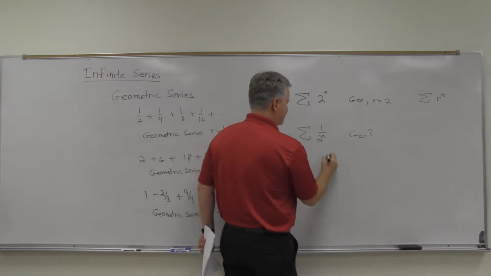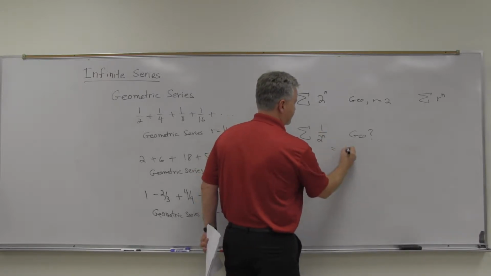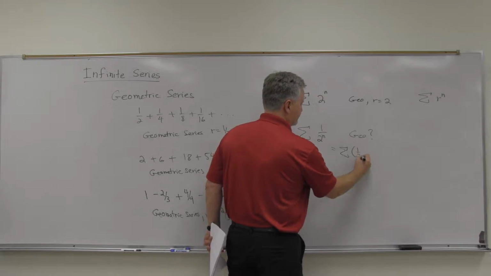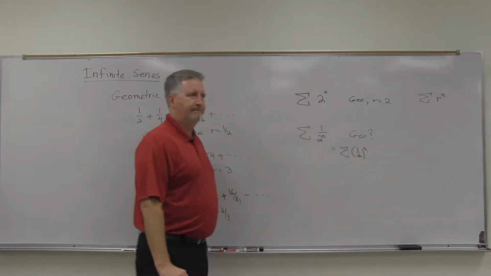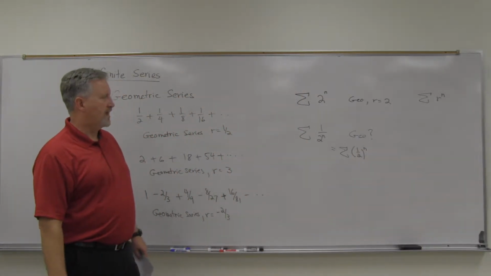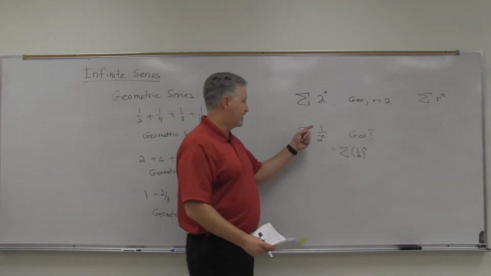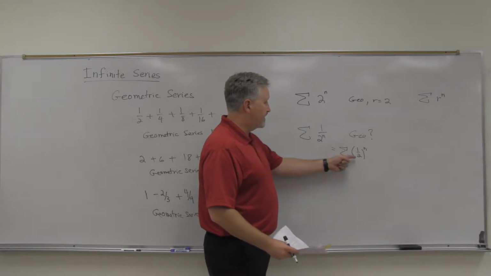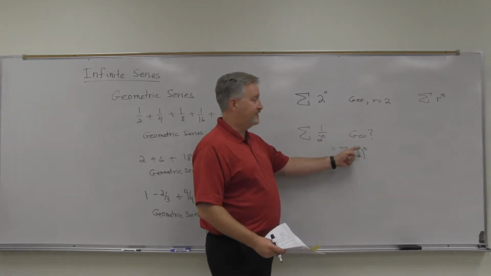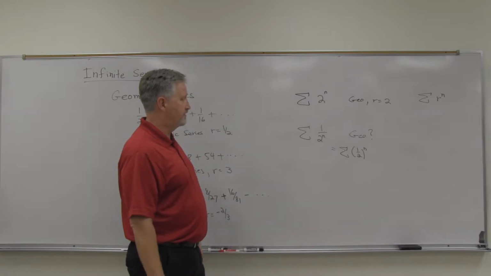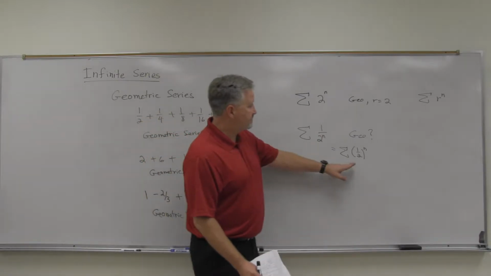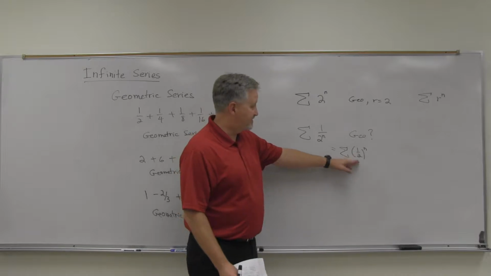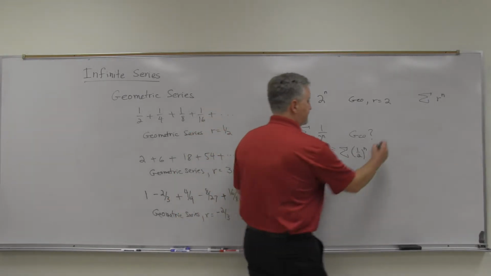Would this be the same thing? Yeah. 1/2 to the n is the same as 1 over 2 to the n, because the top is always going to be 1, and then you're going to have the power of 2. But that's more recognizable as a geometric series because the r is 1/2. Right?